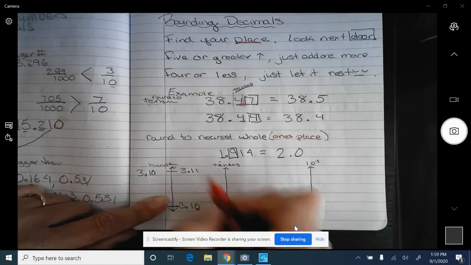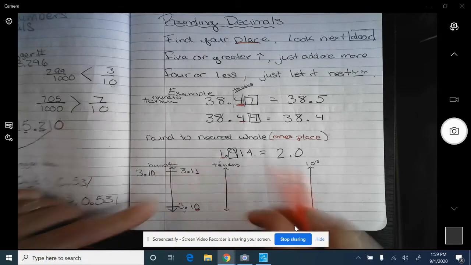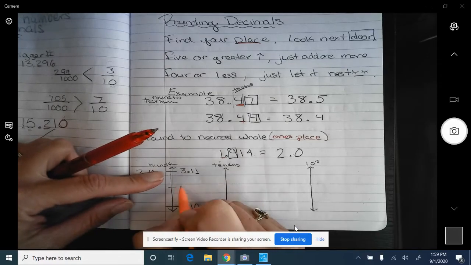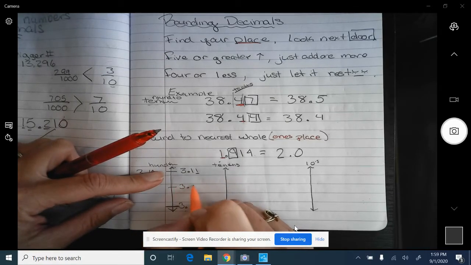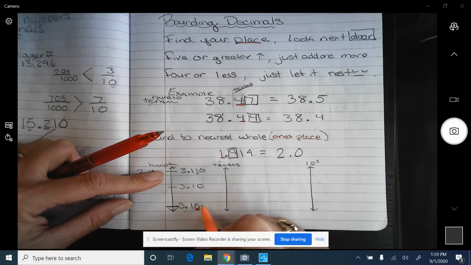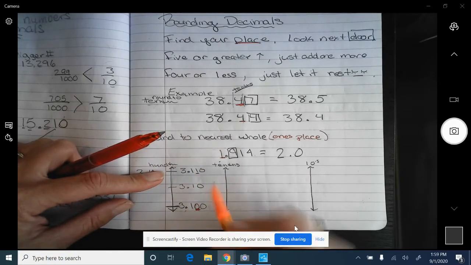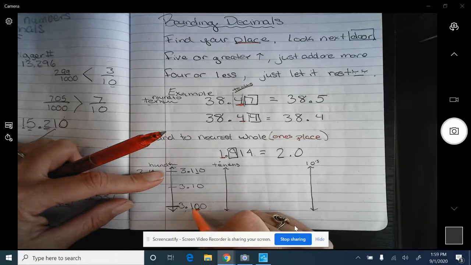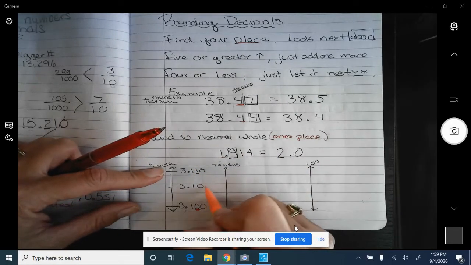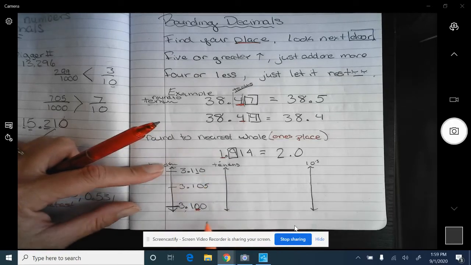Now, either I'm going to stay at 3.10 or I'm going to go to 3.11. And right in between is 3.105. If I put a 5 here, a 0 here and a 0 here, this is 100 and this is 110. Right in between 100 and 110 is 105.